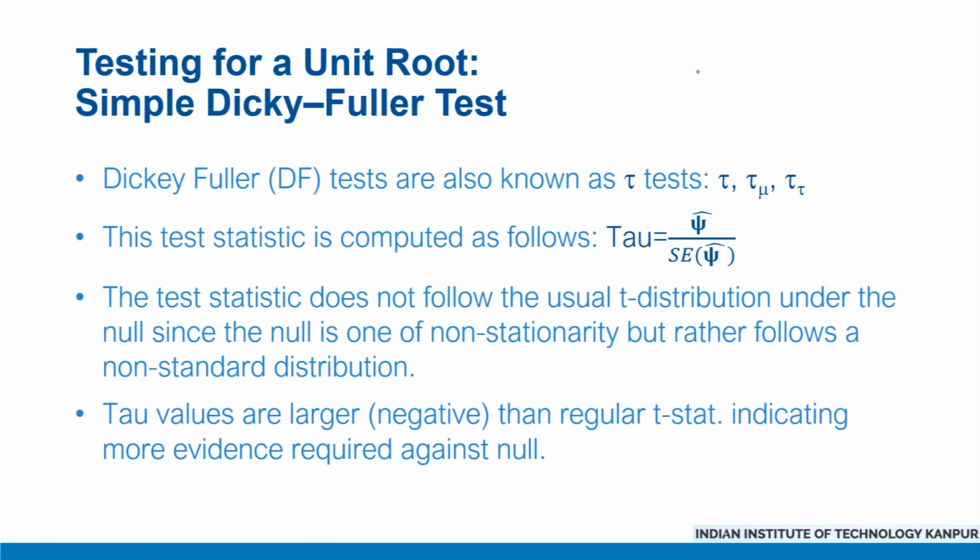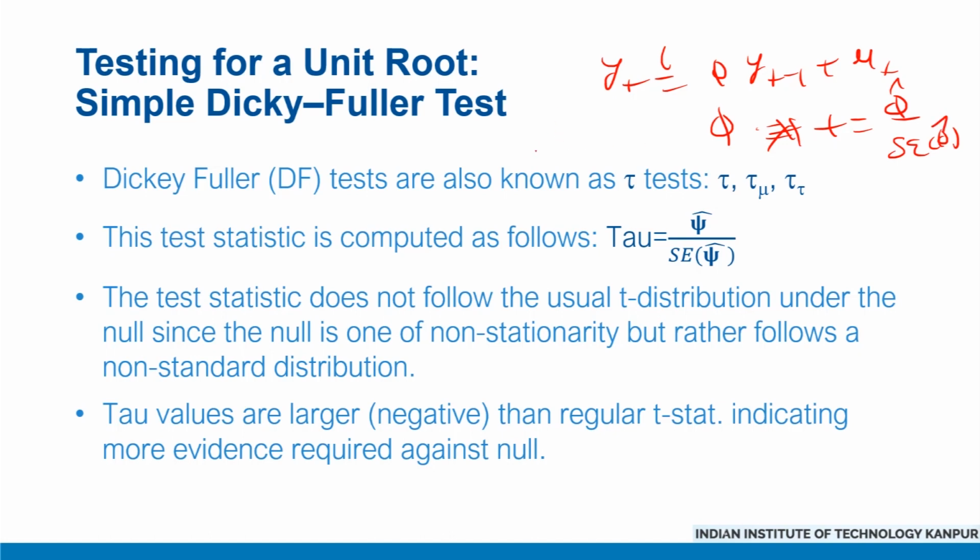Now, unlike the original model, where we would have tested yt equal to phi times yt minus 1 plus error term, and tested phi for its significance with the t value as phi hat upon standard error of phi, because these are estimates we put a hat symbol. But now, because we have transformed the model and the resulting coefficient psi is tested, these are called tau tests.